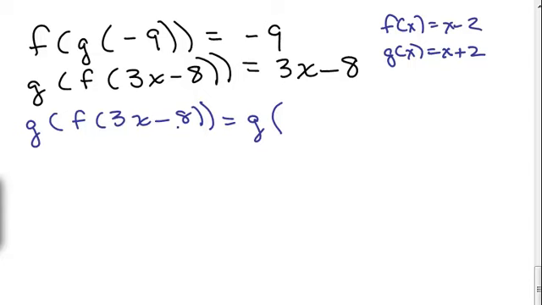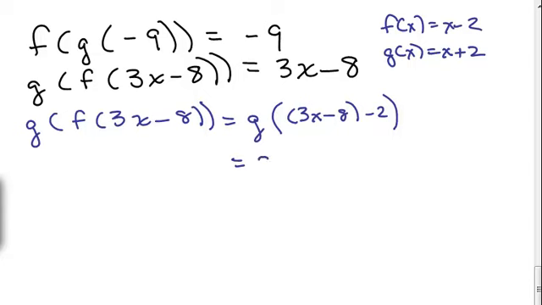Well, what do I do? I have to put in 3x minus 8 into f of x. So f of 3x minus 8, I'm putting in 3x minus 8 for x, right? And subtracting 2. So in other words, I haven't computed this completely yet, but right here, that's my f of 3x minus 8.